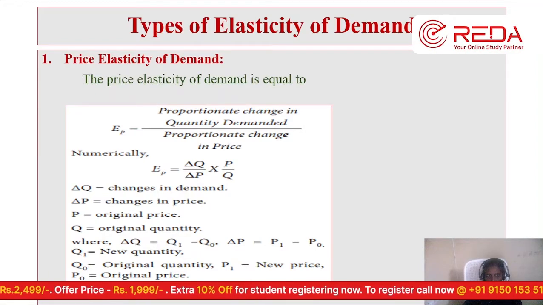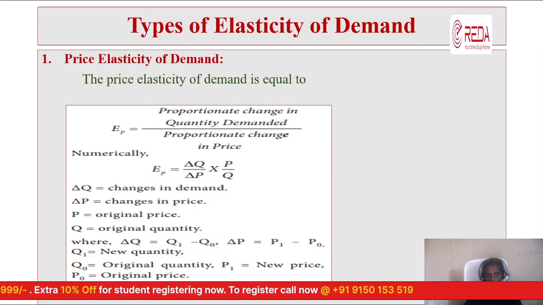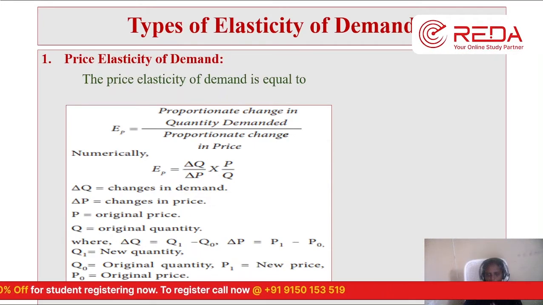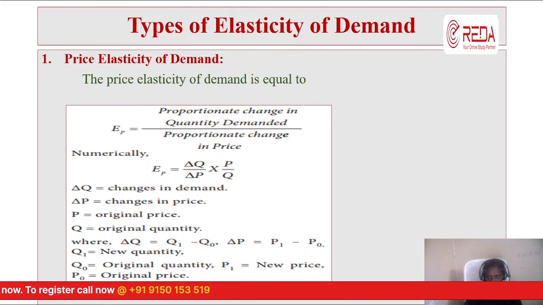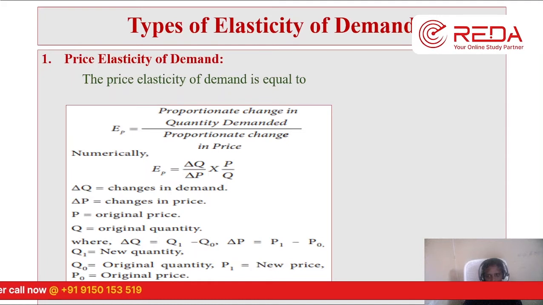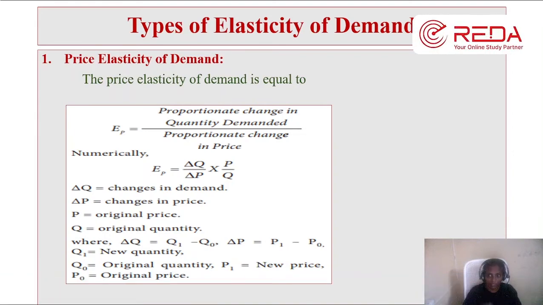The formula is EP is equal to proportionate change in quantity demanded divided by proportionate change in the price level of the commodity. We will see this in detail after seeing the other three.